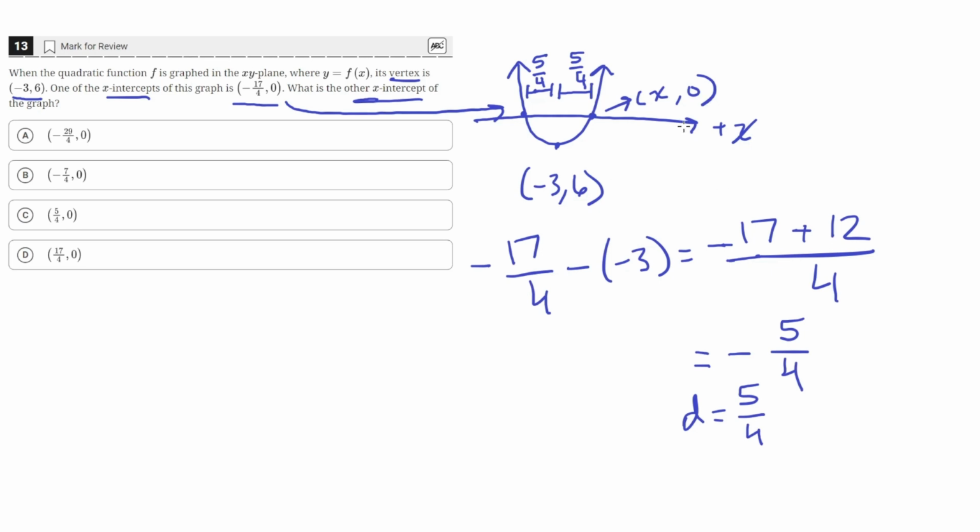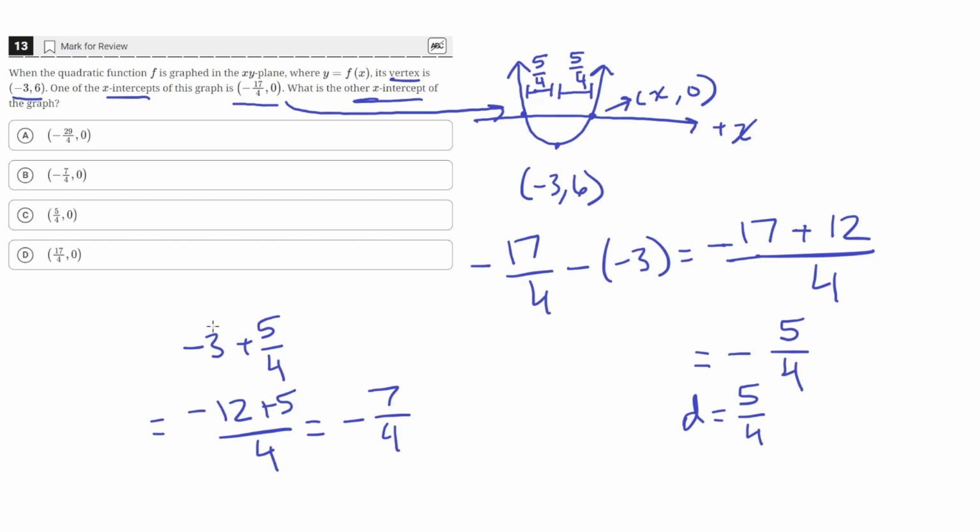So in order to find the value of x here, we can just add 5 over 4 to negative 3. So negative 3 plus 5 over 4 is equal to negative 12 plus 5 over 4, which is equal to negative 7 over 4.